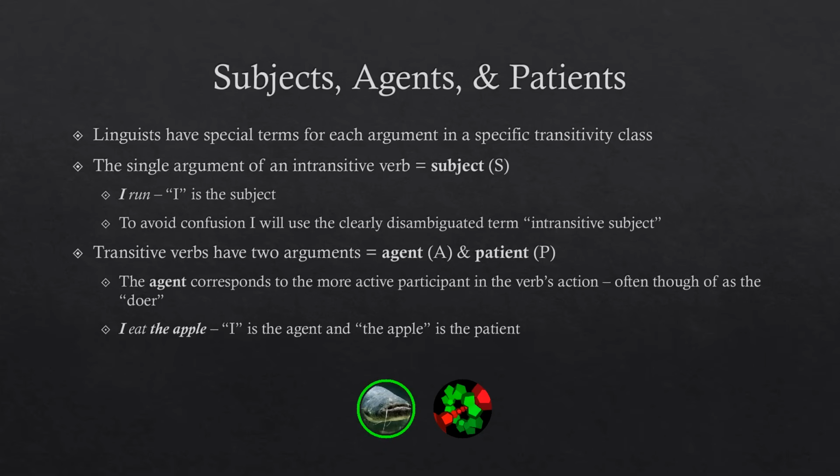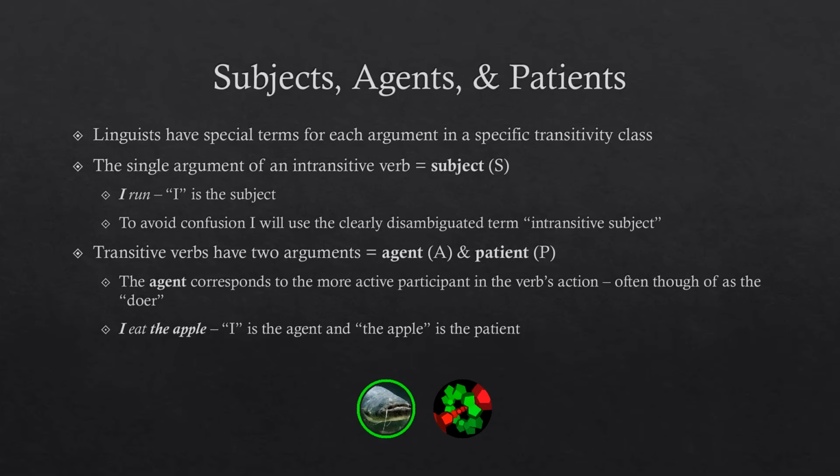When you have a transitive verb, you have two arguments, of course, as we've been talking about. We're going to call these the agent and the patient, A and P for short. How we disambiguate which is which is based on the semantics of the verb, the meaning of the verb. The agent corresponds to the more active participant. If you think of verbs as something that is done, the agent is the doer.